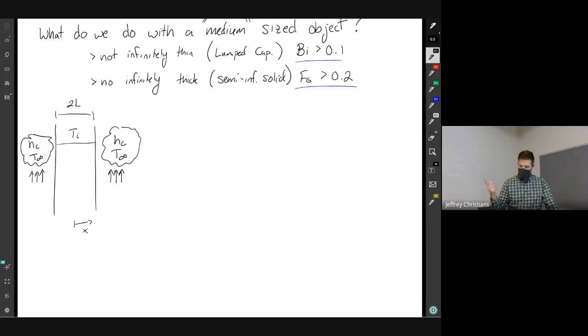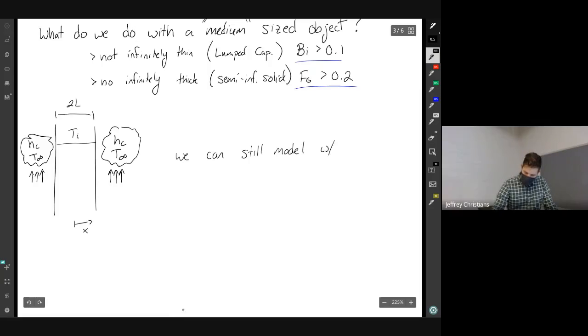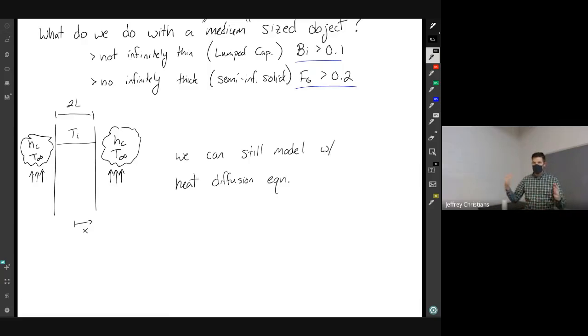So if it's not infinitely thick and not infinitely thin, we can still model it with our heat diffusion equation because that doesn't have those same assumptions baked into it.